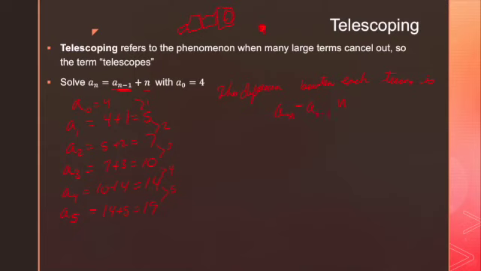Let's write this out. a sub 1 minus a sub 0 is 1. a sub 2 minus a sub 1 is 2. a sub 3 minus a sub 2 is 3. a sub 4 minus a sub 3 is 4. And this goes on and on.